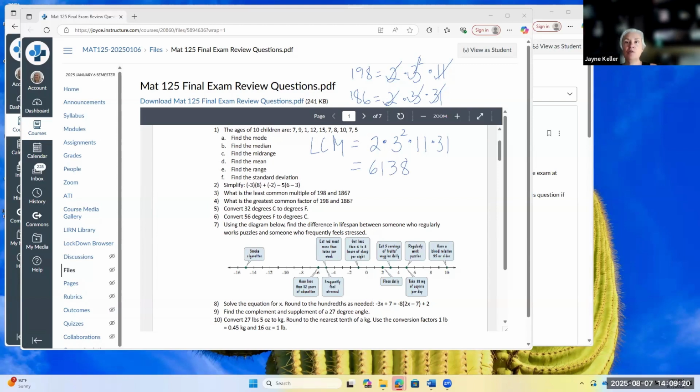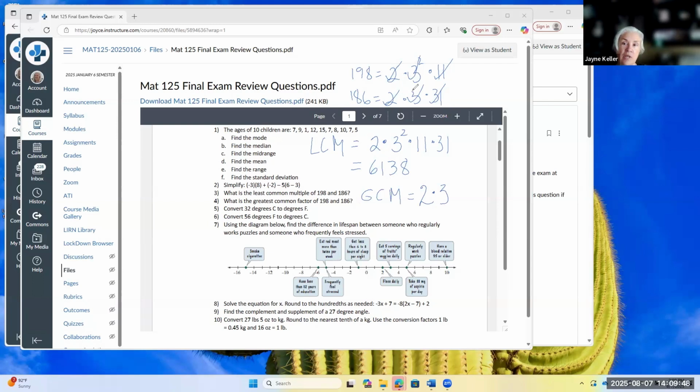And then for the greatest common factor, since I've already done this work here, I'm doing kind of the same thing, but instead of taking the largest amount of each factor, I'm taking the smallest. They both have a 2, so that's in common. This one has a 3 squared and this one has a 3, so what they have in common is just the 3.